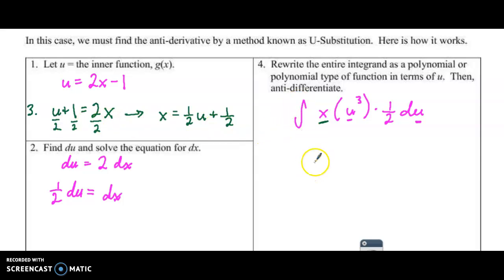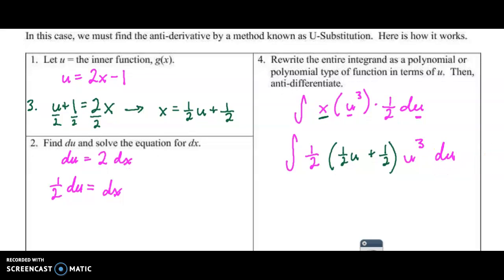And the reason why I like to write the problem that way is, in the integral, I'll move that 1/2 in front, and then I can replace that x with 1/2 u plus 1/2. Trying to color code this. I still have that u to the third power du.